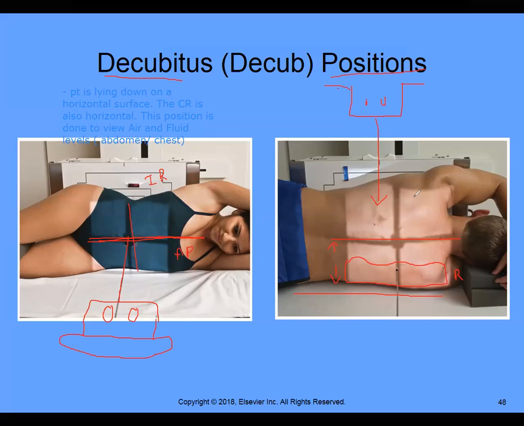If I'm looking for free air up here, on the left lung, this happens because of trauma, then I would still do the same position, a right lateral decubitus, but it wouldn't be to look at my right lung. It'd be so that I can look at the left. This is your left side, the left lung.